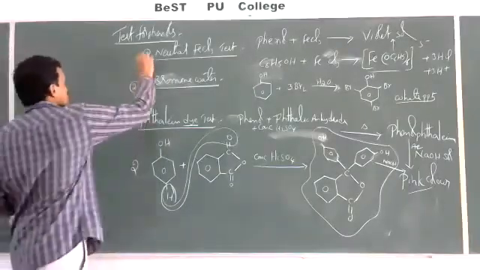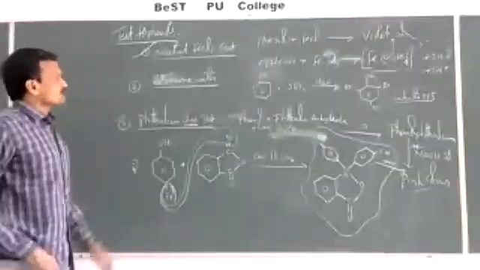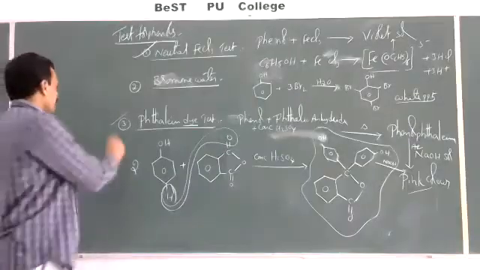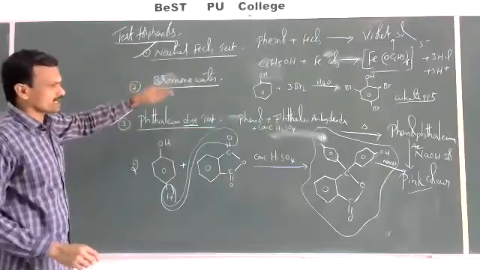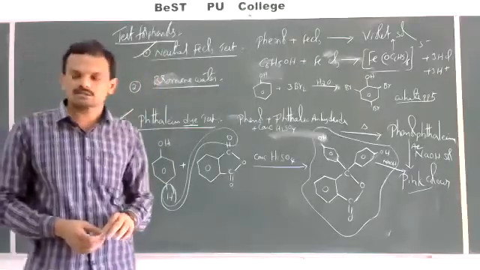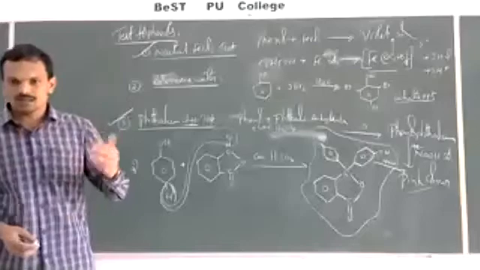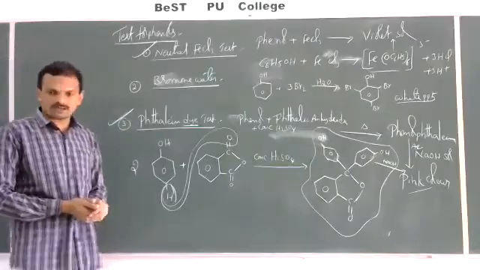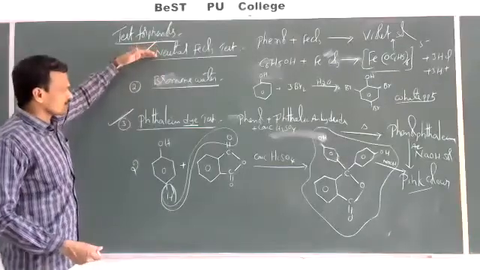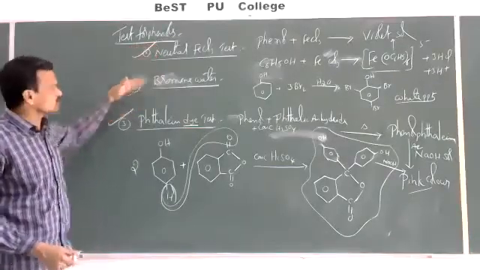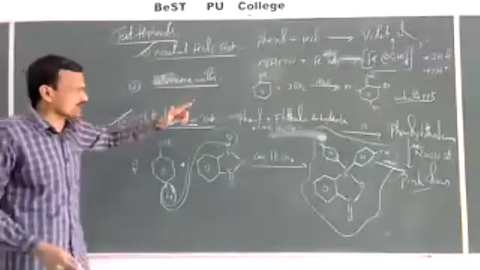Both these tests, the reaction with neutral ferric chloride and the Thalein dye test, are asked in the practical viva examination. They will ask you to explain any 2 tests for phenols. So the neutral ferric chloride test and the Thalein dye test are required for a practical examination.